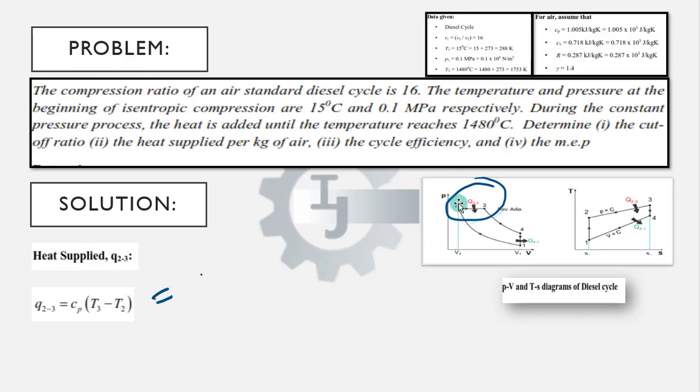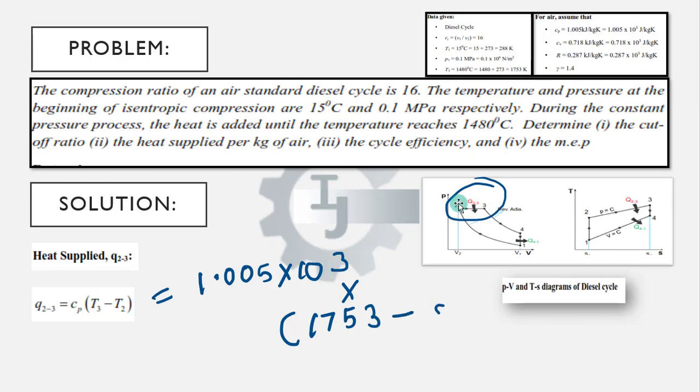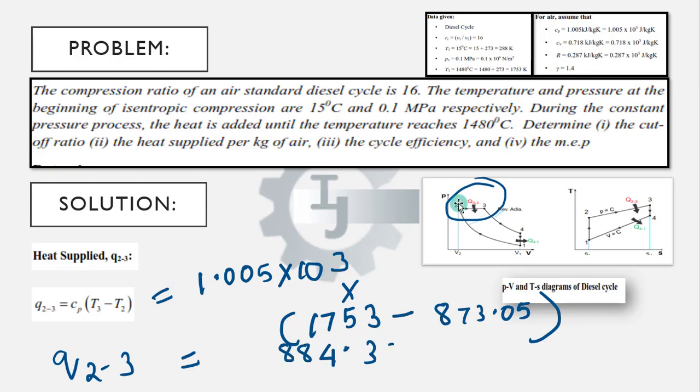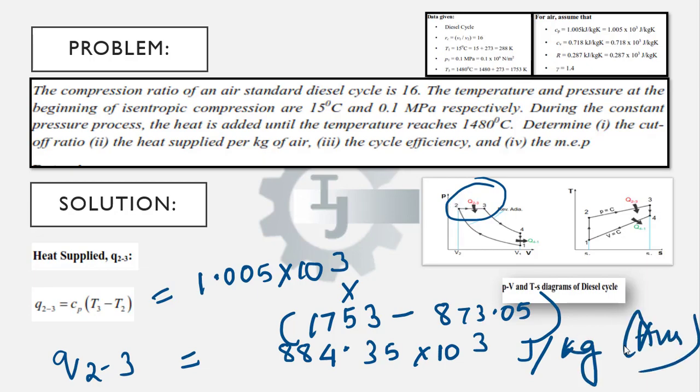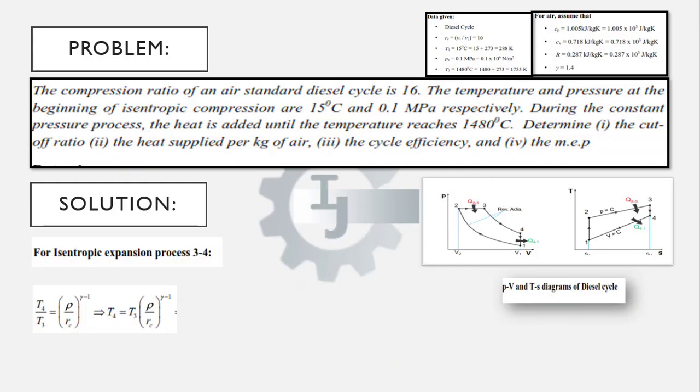We know the value of Cp is 1.005 into 10 to the power 3, into the value of T3, 1753, minus the value of T2, 873.05. So here Q23 equals 884.35 into 10 to the power 3 joule per kg. This is our answer, that is heat supplied per kg of air.